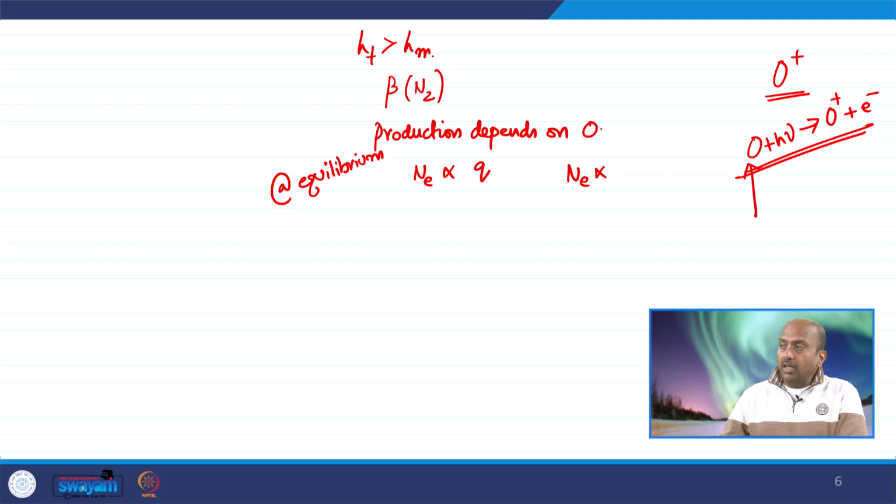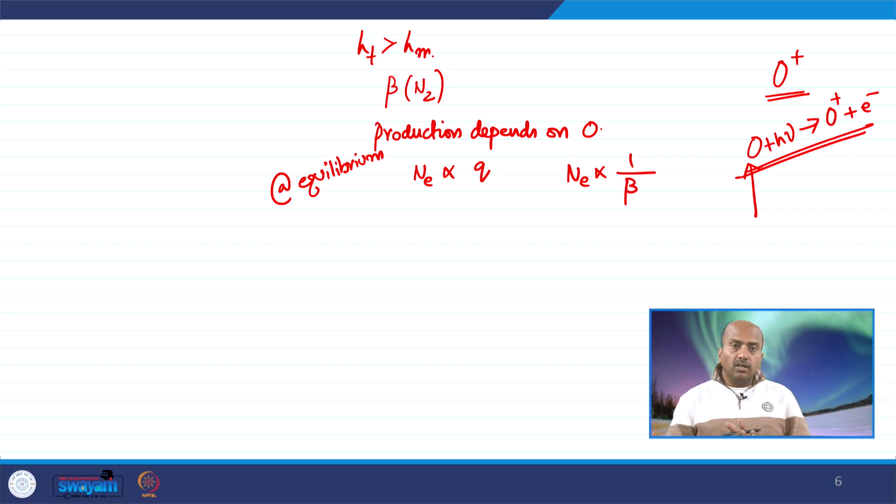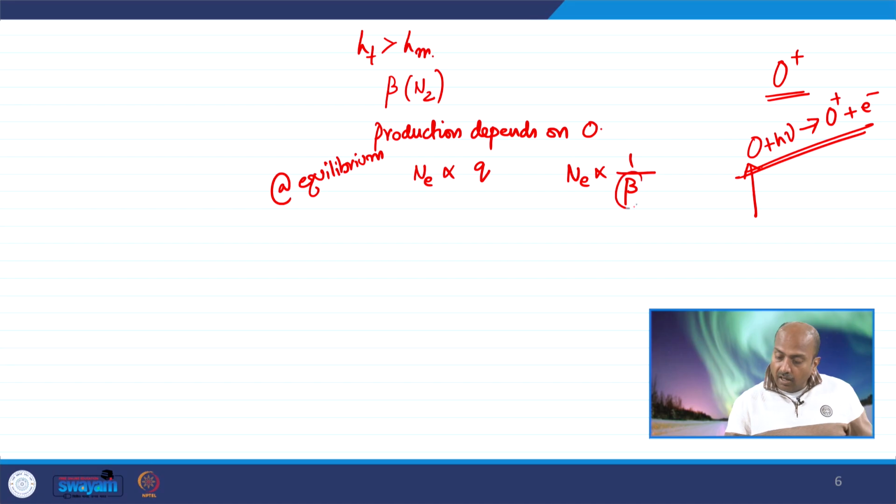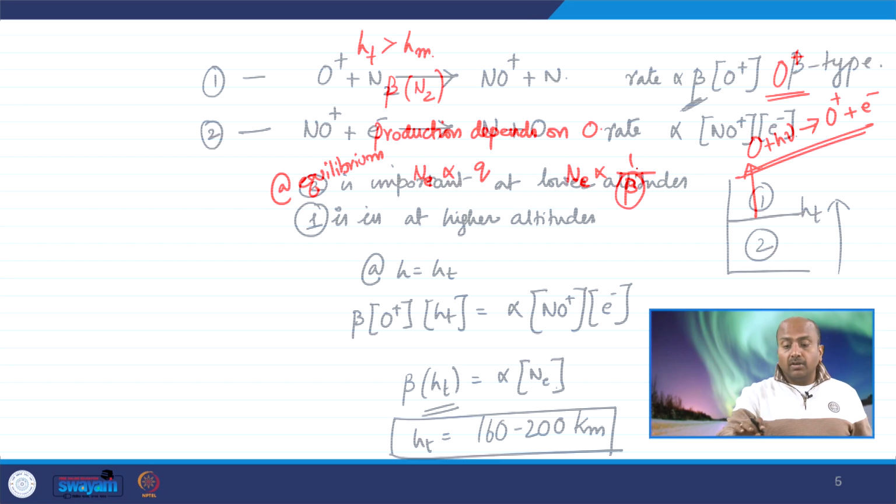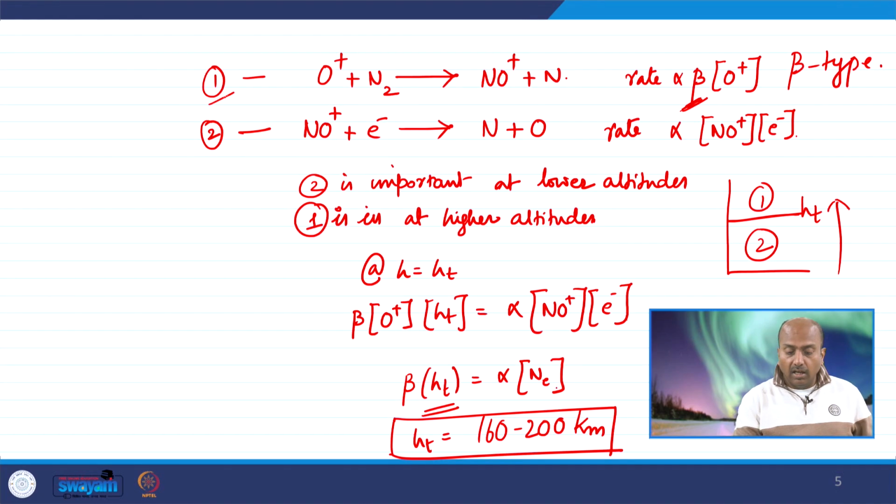It is quite natural. More recombination, less number of electrons, and less recombination, more number of electrons. So, effectively the total number of electrons at any instant will depend inversely on the recombination coefficient and directly on the production rate. Now, we have defined beta type recombination, which is given by equation number 1.